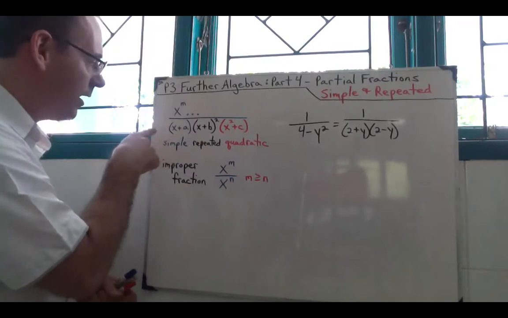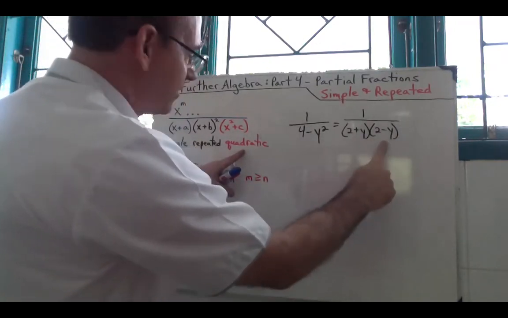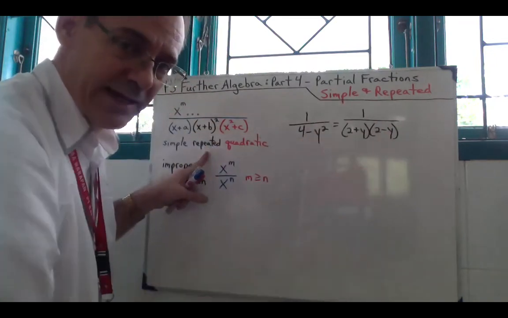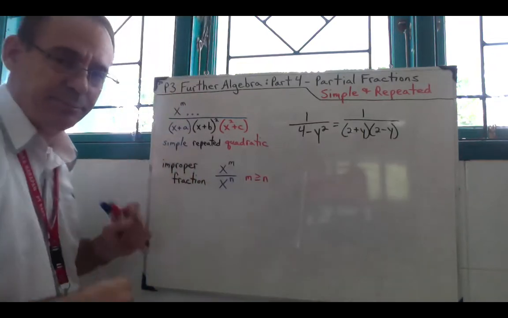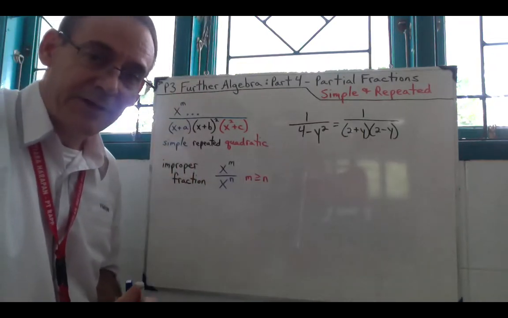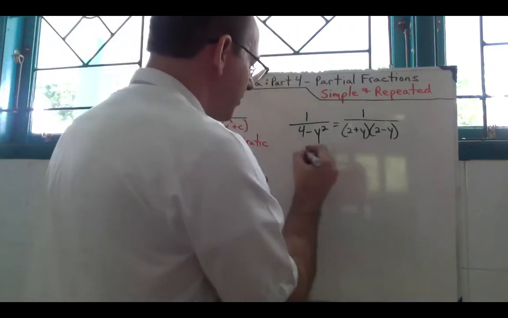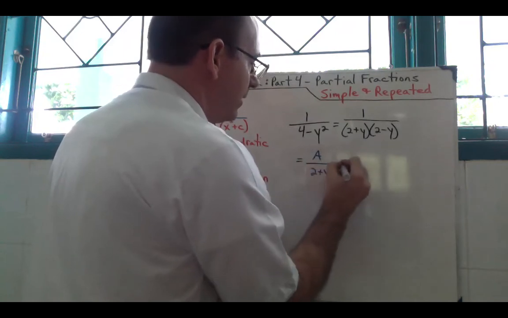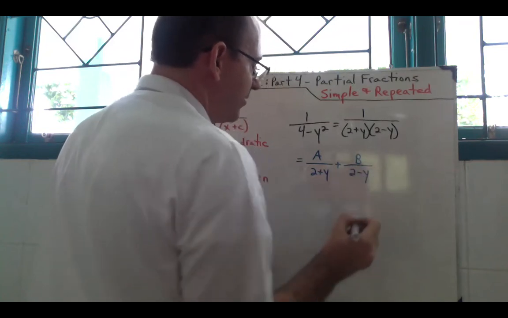Now we move on. We see that we have no quadratics in the factors. There's no repeated, there's no exponent outside the factor, and they are both indeed simple factors in the denominator. So we're going to set this up to be a over 2 plus y plus b over 2 minus y.